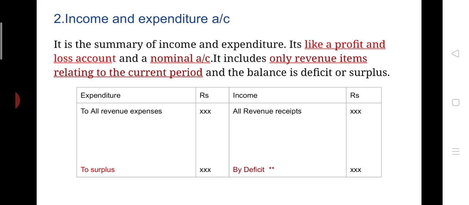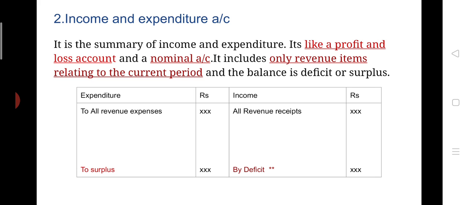Remember once again, the receipts and payments account is just like a cash book. The income and expenditure account is just like a profit and loss account. In the receipts and payments account, both the capital and revenue items are written, but in the income and expenditure account, only revenue items are written. In the receipts and payments account, irrespective of the period, we write all the amount spent or received during a particular year.